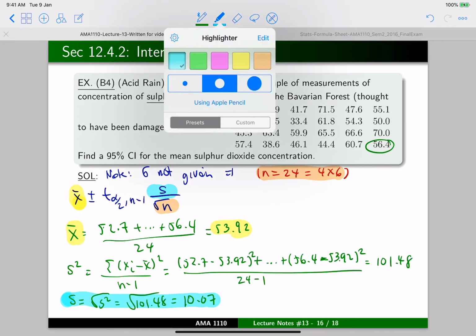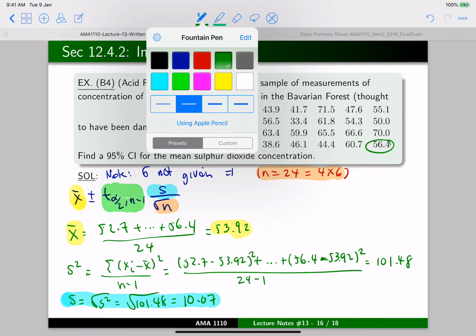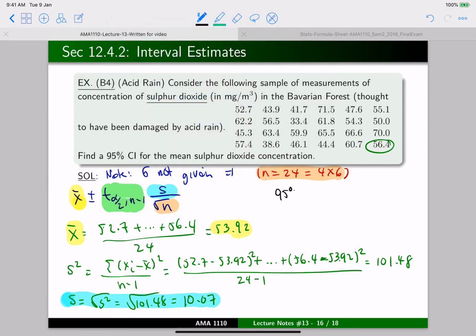Now, what's left to calculate is the t alpha over 2. We have a 95% confidence interval, which implies that alpha must be 0.05, so alpha over 2 must be 0.025. And the number of degrees of freedom, n minus 1, is 24 minus 1, which is 23.